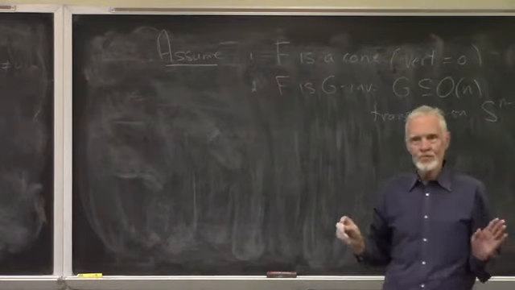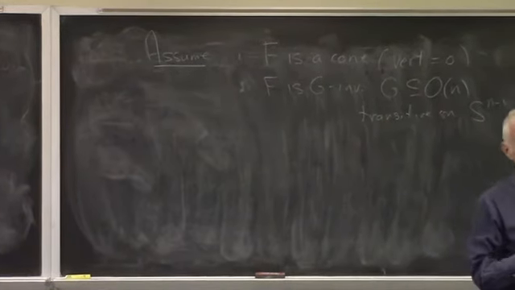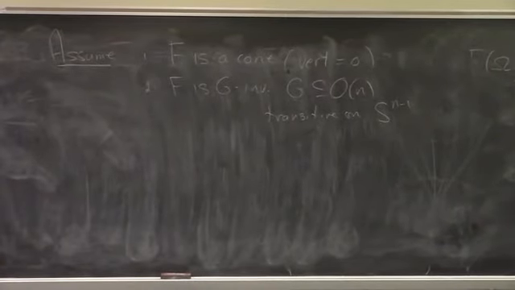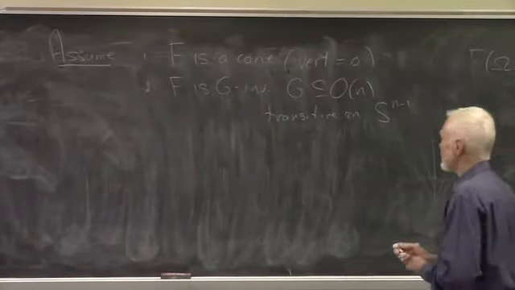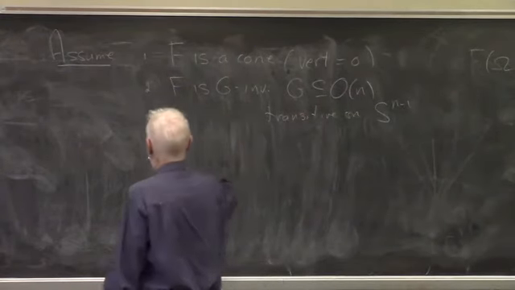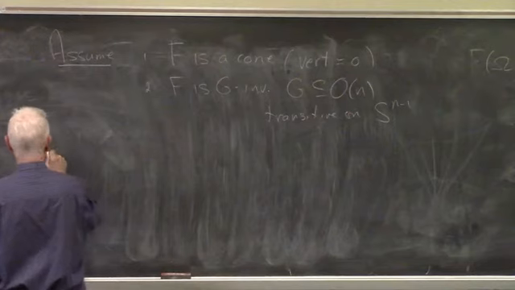Okay, so it could be the whole orthogonal group, but it could be the unitary group or the special unitary group or the symplectic group. But it still leaves you lots of equations.